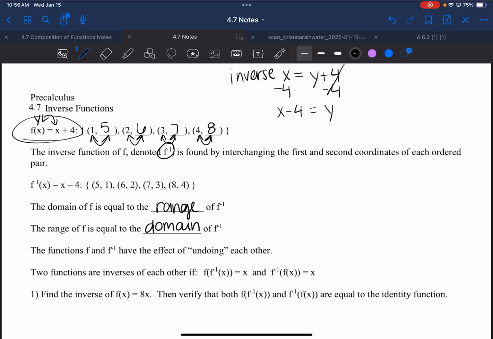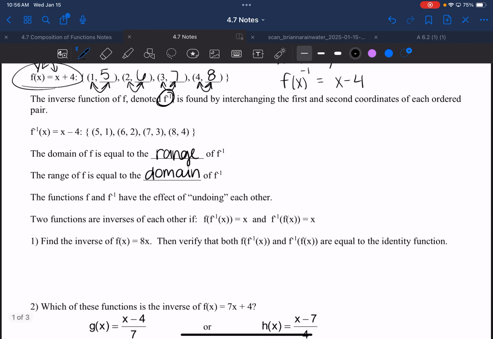And remember, we denote it with this little inverse, so you would see it written as the inverse is x minus 4. All right? Like we were just saying, they're basically opposites of one another because we switch the x and the y, so they have a way of undoing one another.